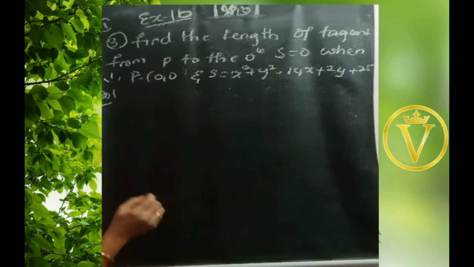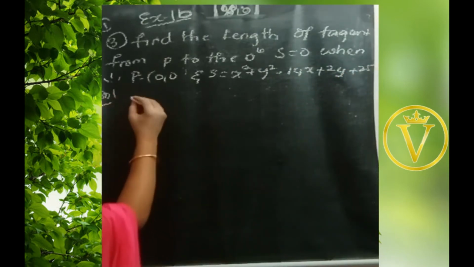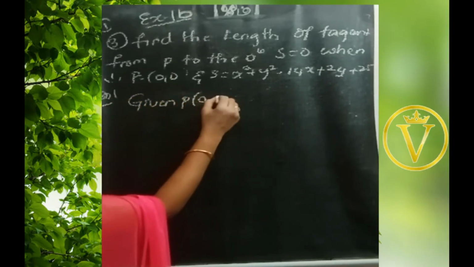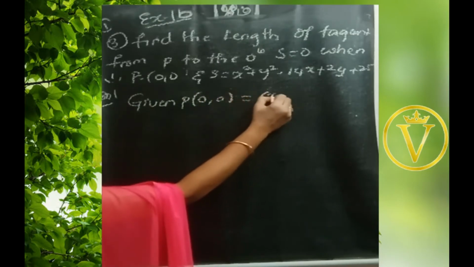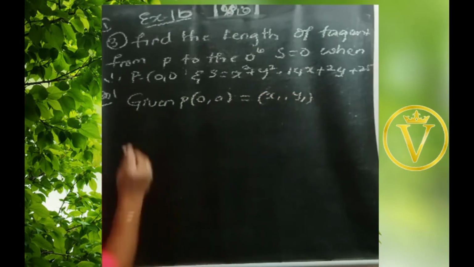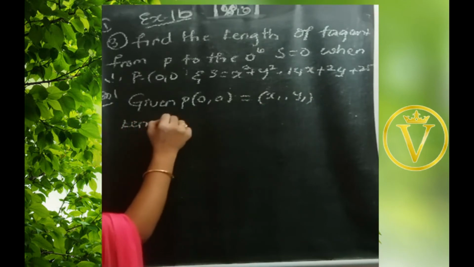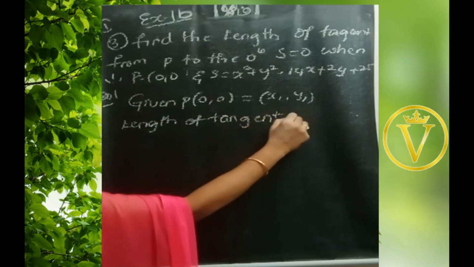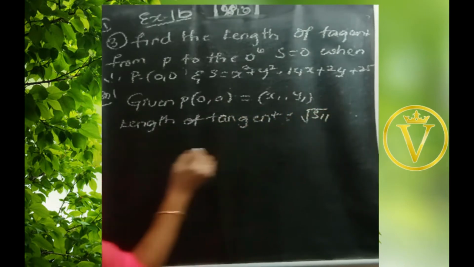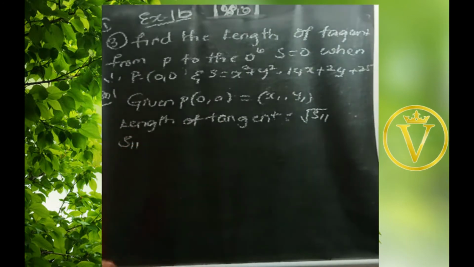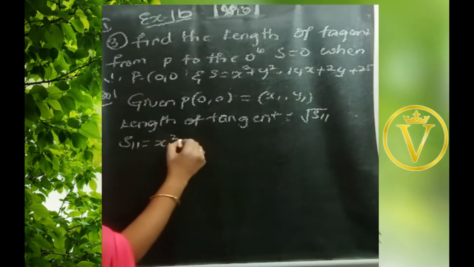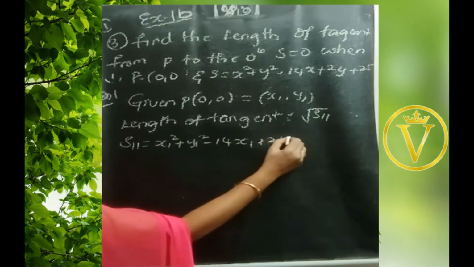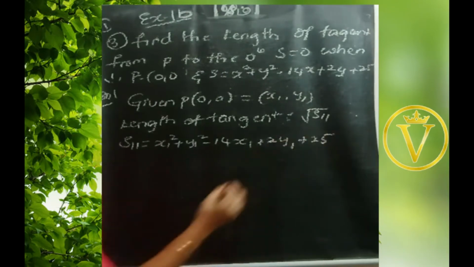Now we have to do same as like the before. So first, given P is 0, 0, that is x1, y1. Now length of tangent equals root S11. So first find out the S11: x1 square plus y1 square minus 14x1 plus 2y1 plus 25.